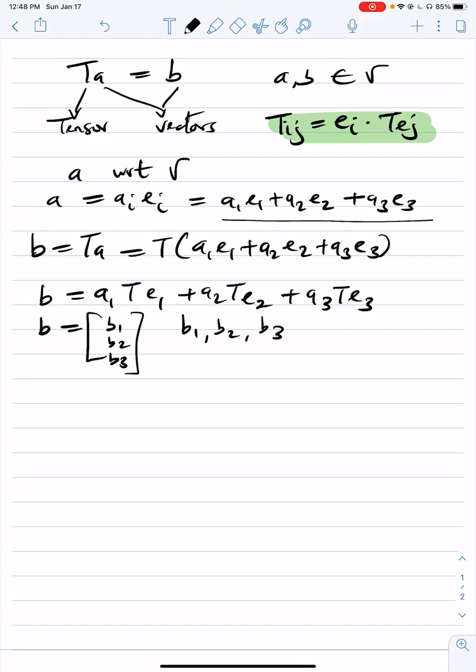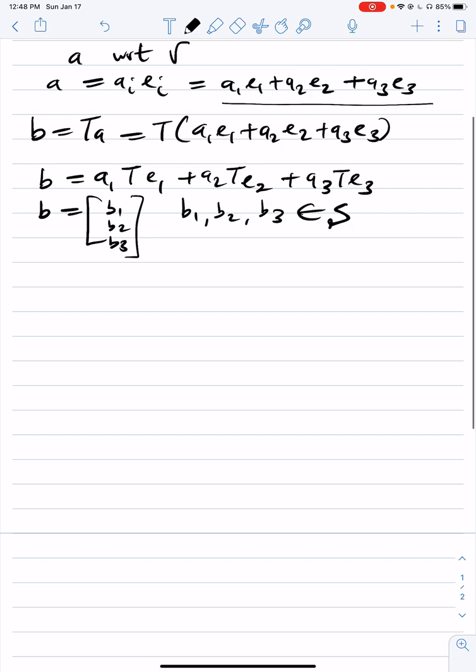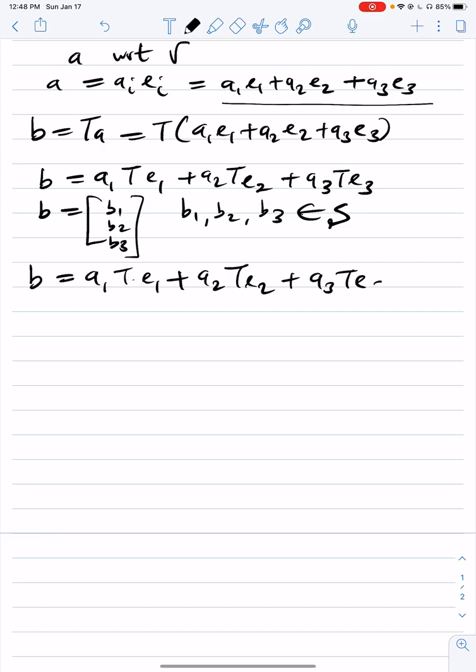These components are sort of scalars, since they are just terms. So we have B equals A1 T E1 plus A2 T E2 plus A3 T E3.